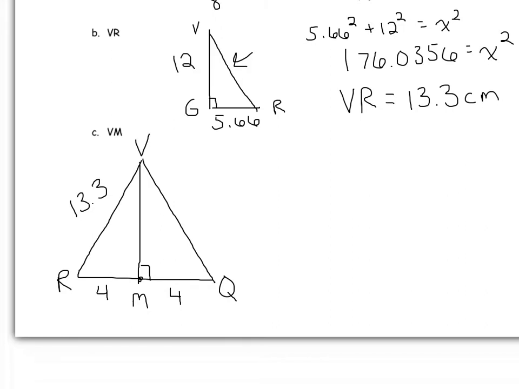Oh, so this one we have to do a little different on Pythagorean theorem. This is one of our legs. So x squared plus 4 squared equals 13.3 squared in this one. So for this one, I'm going to take 13.3 squared and subtract 4 squared.